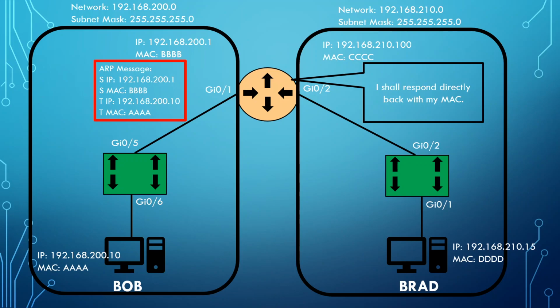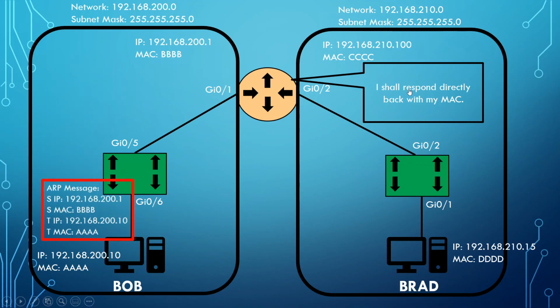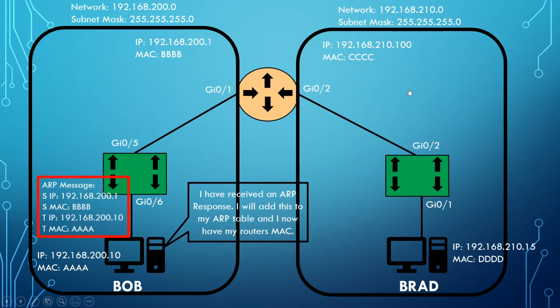Okay, and then that message is sent directly back to Bob. So now Bob has received the ARP reply from the router. He's thinking, okay, I received an ARP response. I will now add this information to my ARP table, and I now know what my router's MAC address is.